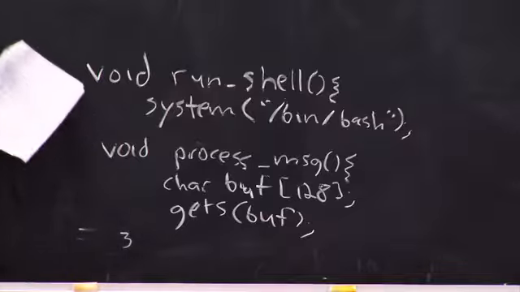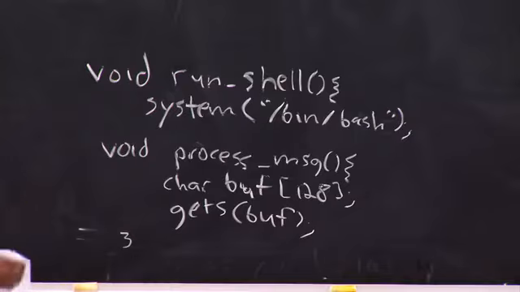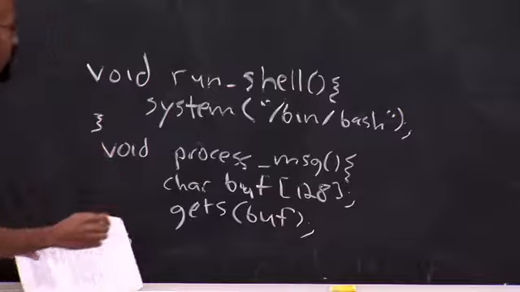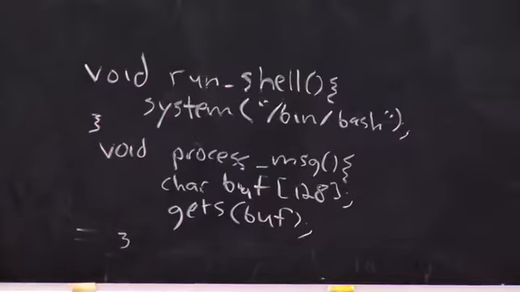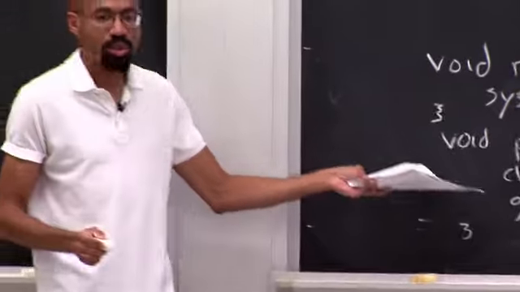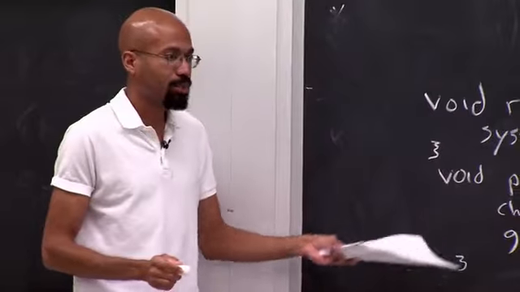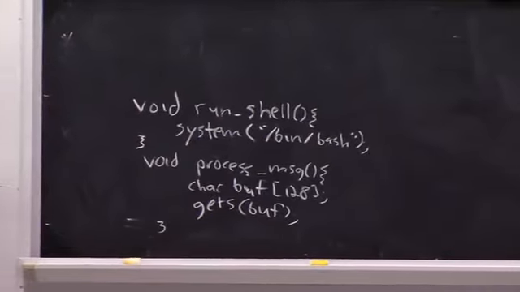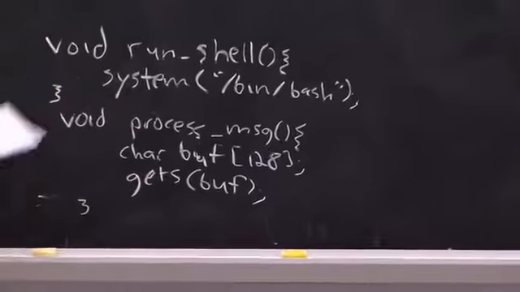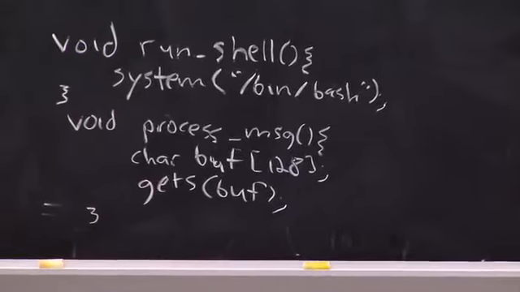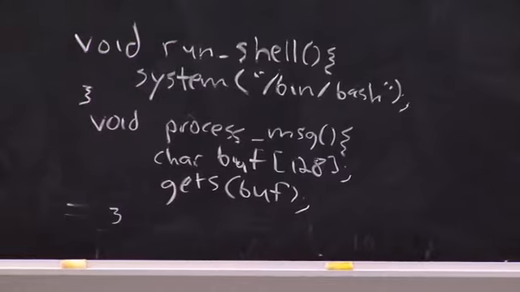Now, what's interesting is that we have this function up here, run shell, but it doesn't seem to be accessed in some direct way based on this buffer overflow. So how can the attacker invoke this run shell command here? Well, the attacker can do a couple of things.